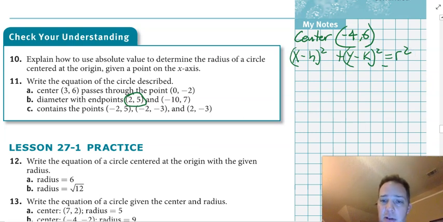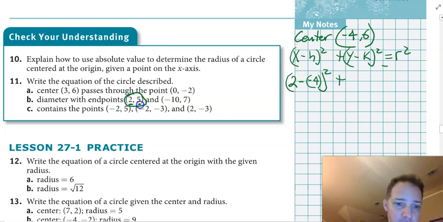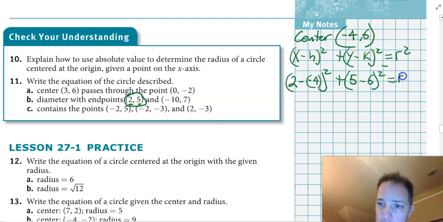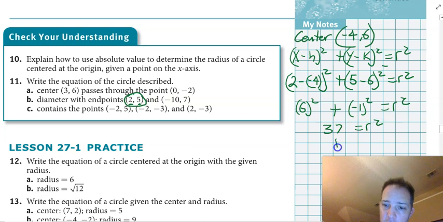A point that I can plug in here: the x coordinate is 2 minus the center x coordinate, -4, plus 5 minus 6. So 2 minus -4, same thing as 2 plus 4, is 6 squared. 5 minus 6 is -1 squared. So 36 plus 1 is 37. So then r equals the square root of 37.